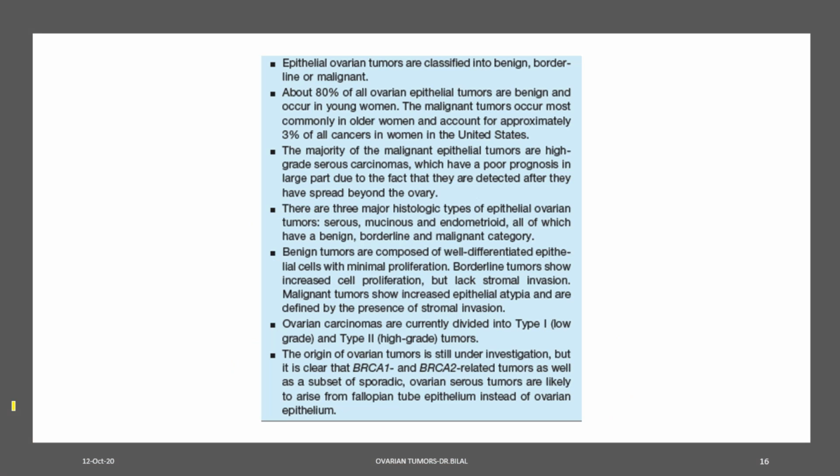Now this is a good summary of these things. I included this because of how they are divided into benign, borderline, or malignant tumors. Most of them are benign in young women. Malignant tumors occur most commonly in older women, although malignancies can arise in young patients as well. We've seen some of them. And then how the prognosis varies.